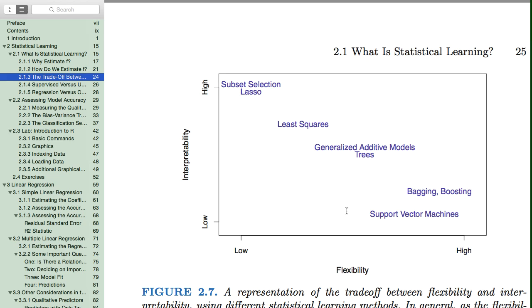So these are extremely flexible and not at all interpretable. So when we spoke of the difference between prediction and inference, this is what we're talking about. If all we want to do is predict, we might be better off with these, but if we want to do inference, we might be better off with these.